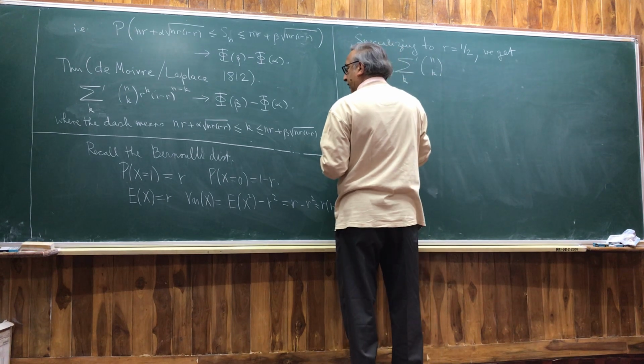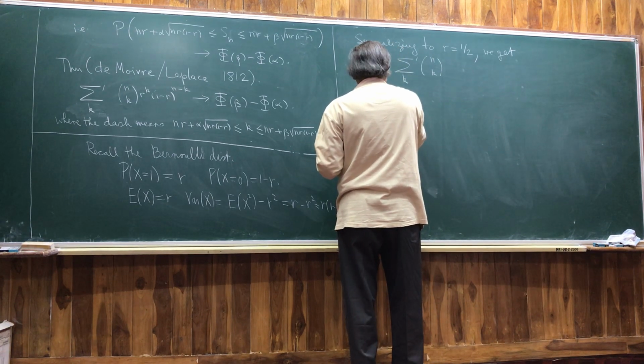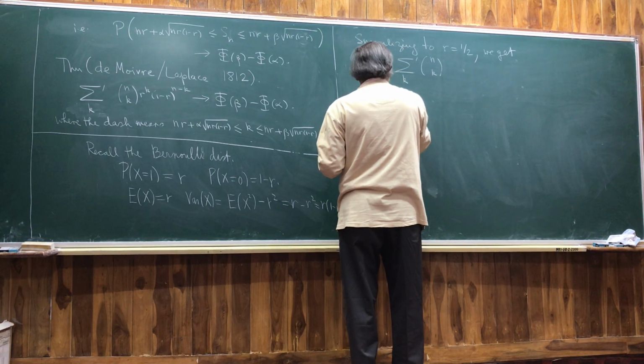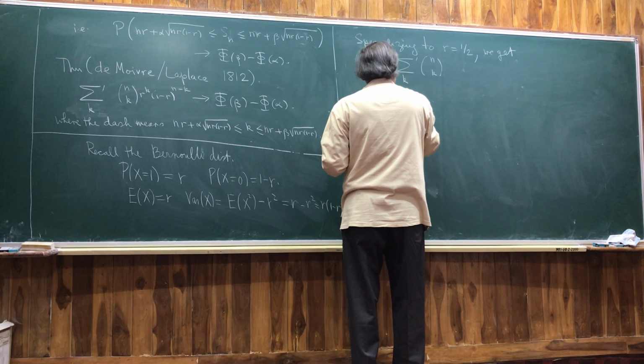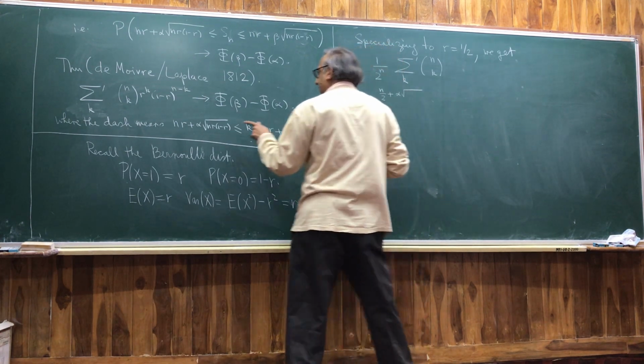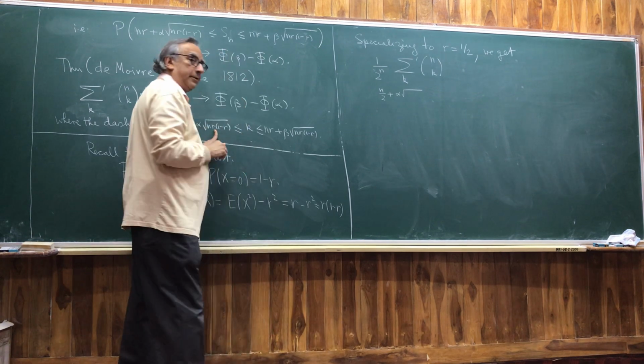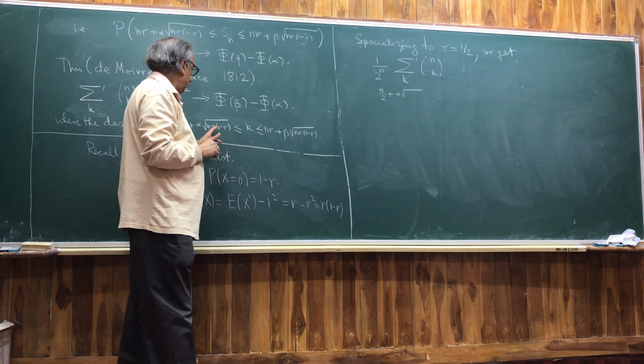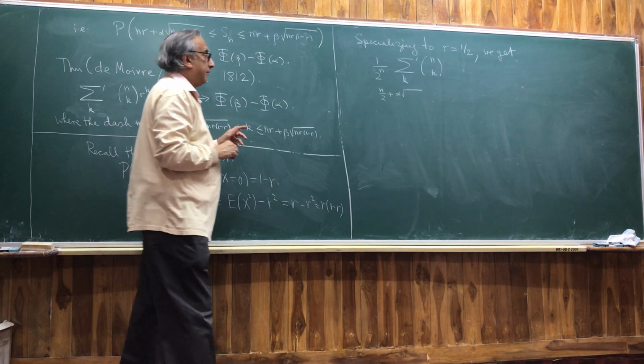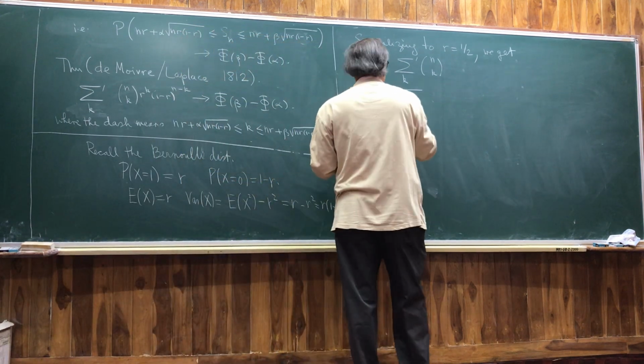What is the restricted range? Well, k between n over 2 plus alpha square root, well, r is a half, 1 minus a half, that's a quarter. Square root of a quarter is 1/2. So square root of n over 2.